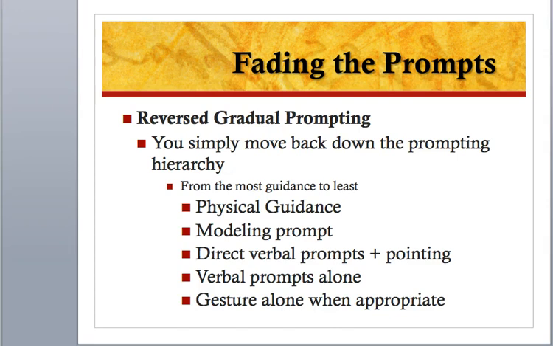If you work all the way up to the most guidance, physical guidance, having gone from gesture alone to verbal prompts to direct verbal prompts and pointing to modeling to physical guidance, the reversed gradual prompting is to come back down that list. So we work our way down from physical guidance to modeling to direct verbal prompts and pointing to verbal prompts alone, and then simple gestures.